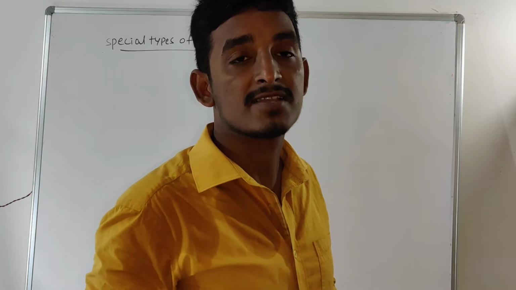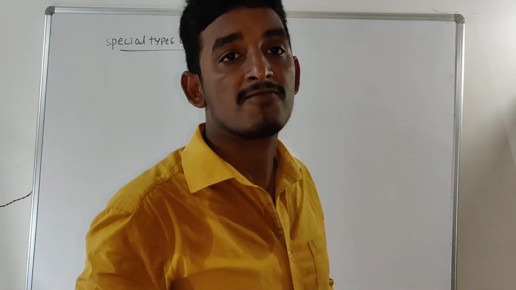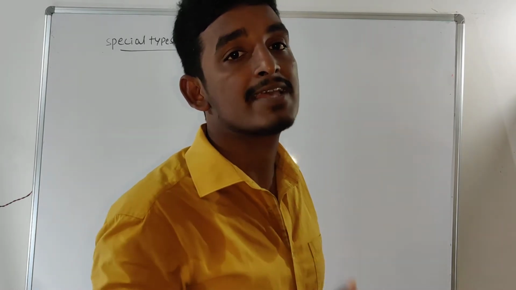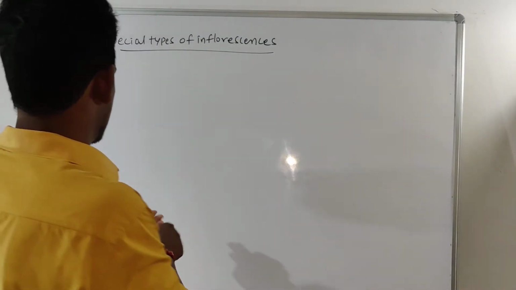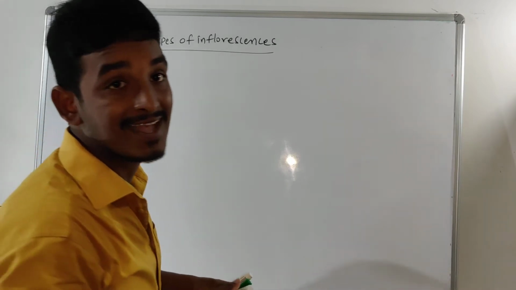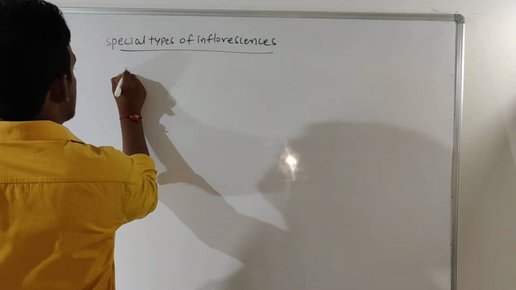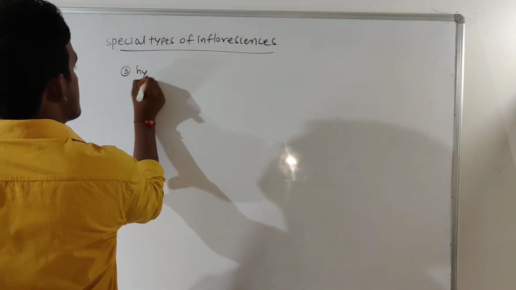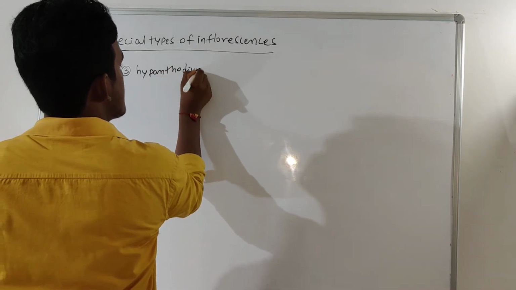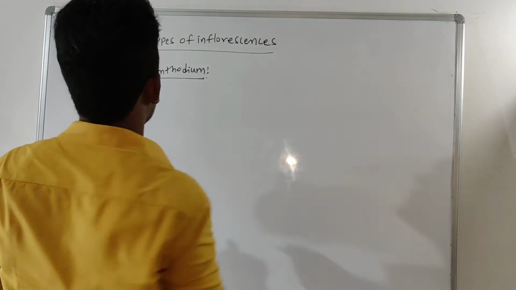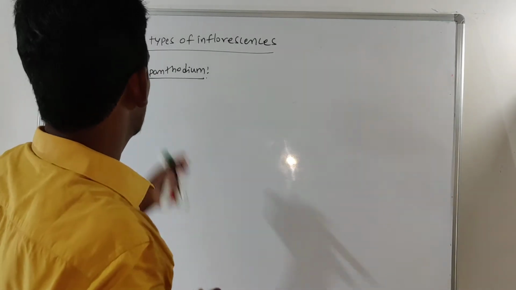In the last lecture we discussed special types of inflorescences, verticillaster and cyathium. Now in this class we will discuss another special type of inflorescence, the hypanthodium.